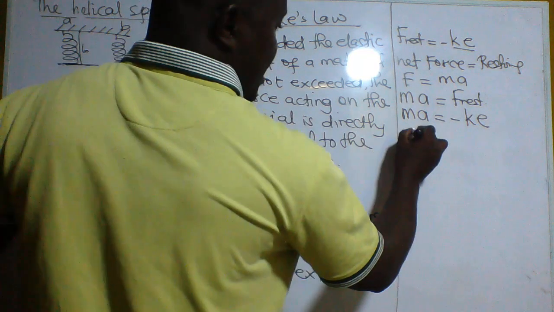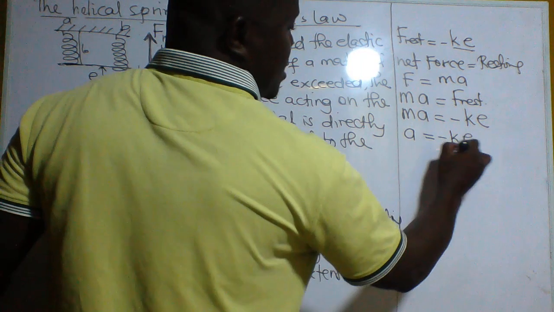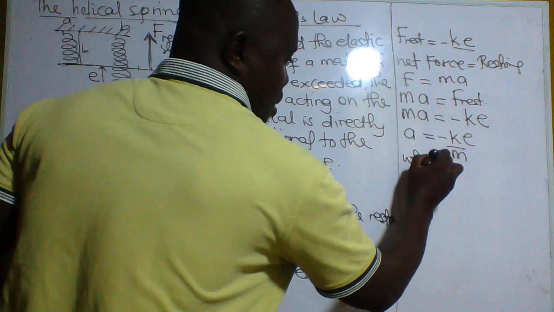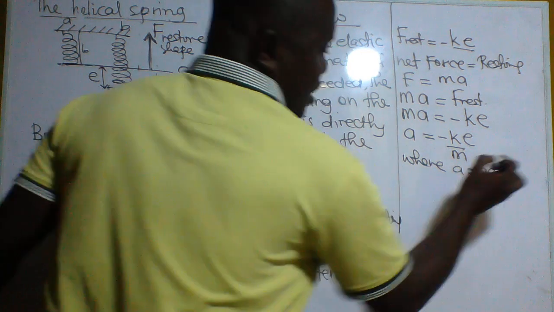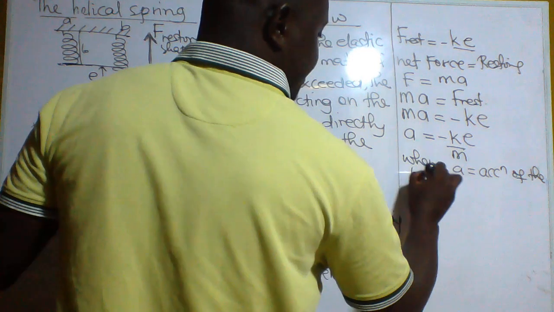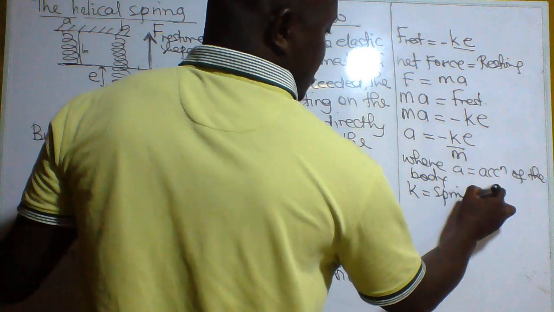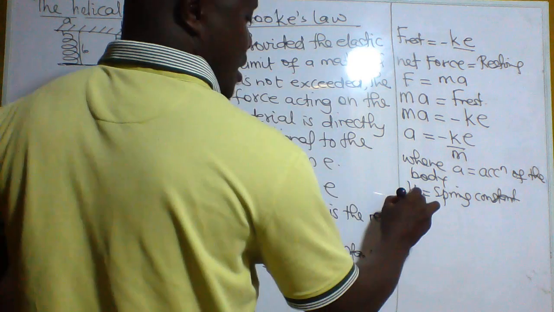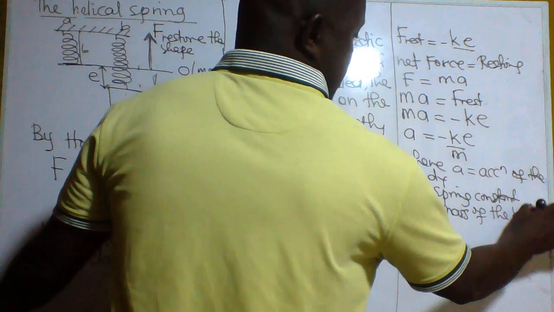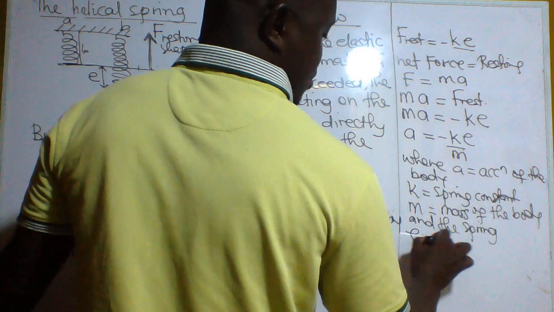Therefore, when we make a the subject, we have a, which is the acceleration, equal to minus k times e over the mass, where a is equal to the acceleration of the body, k is equal to the spring constant or the elastic constant, m is equal to the mass of the body and the spring, and e is equal to the extension.